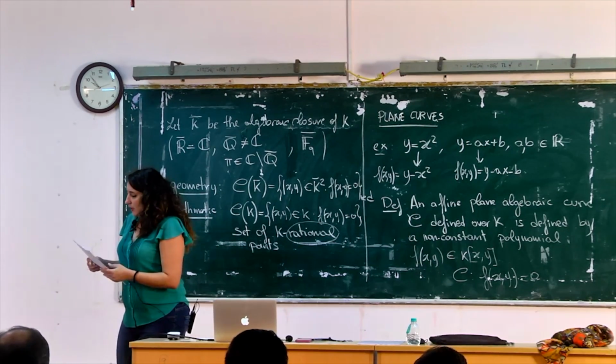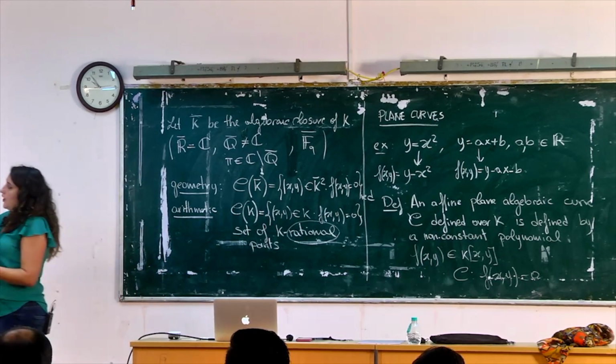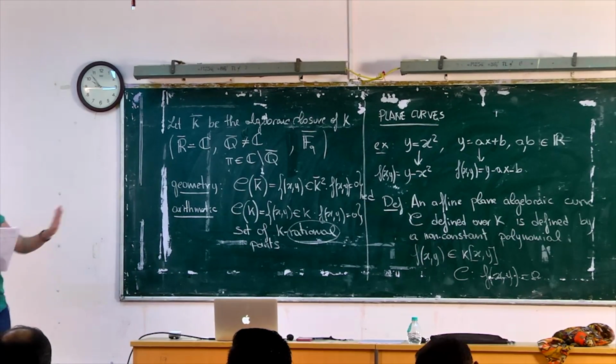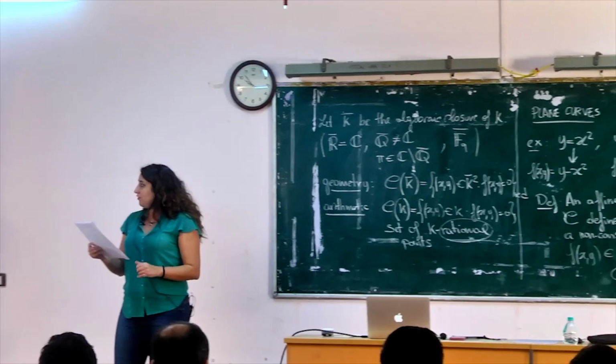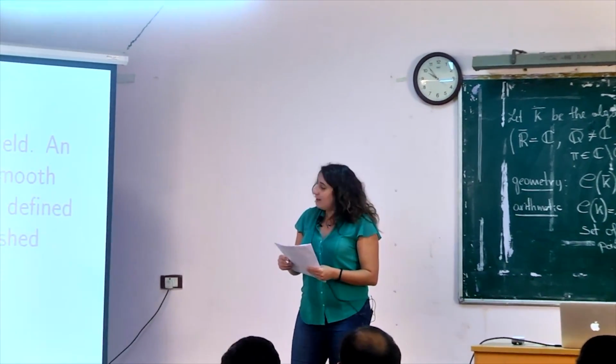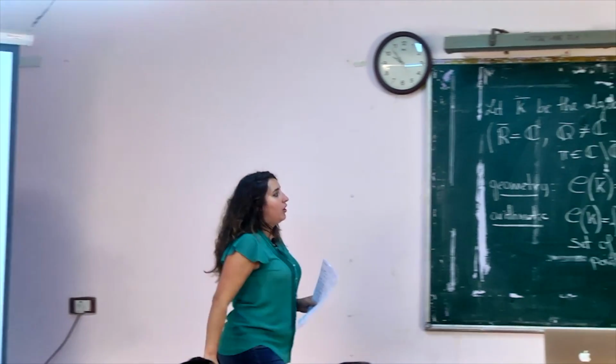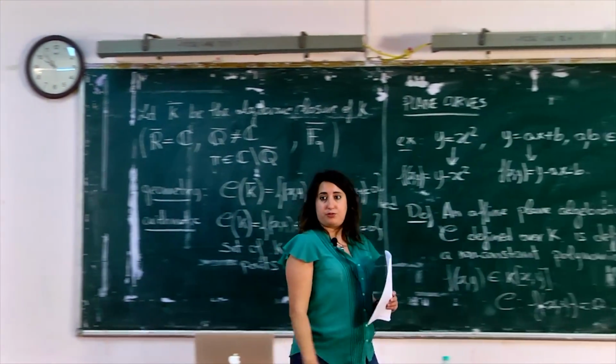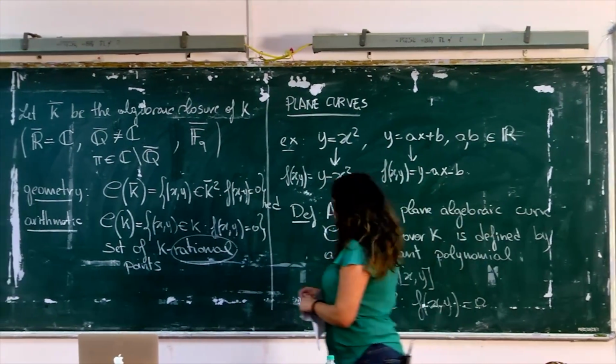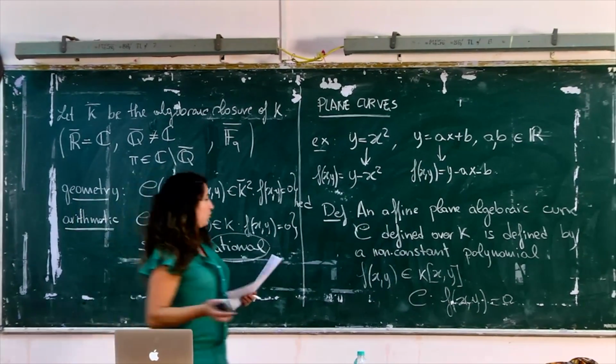Okay, so already now we are working with plane affine algebraic curves. What we have to understand is what it means for a plane curve to be smooth, okay? Maybe you know this already, but let us see it together.